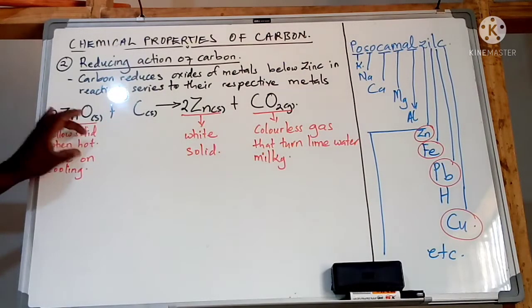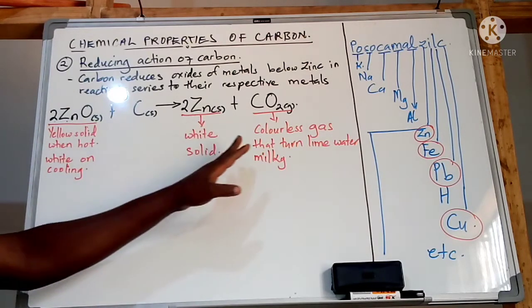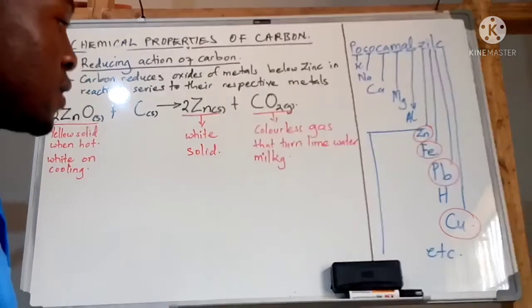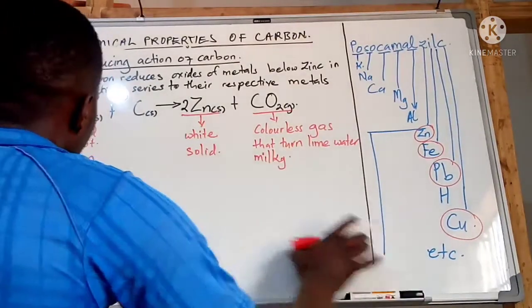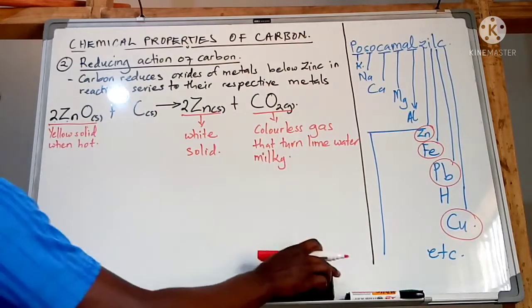Yellow solid when hot turned to white, and a colorless gas that turned lime water milky. We are not considering white on cooling at this moment. Why?